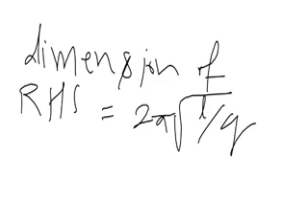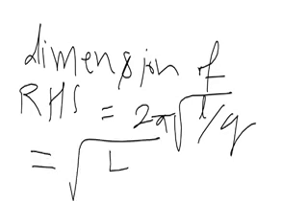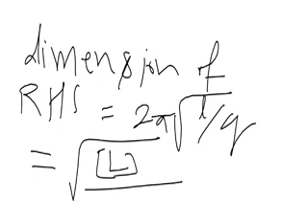2 pi is a number having no dimension, but we have length L, and g, acceleration due to gravity, is a kind of acceleration, which has dimension LT minus 2.